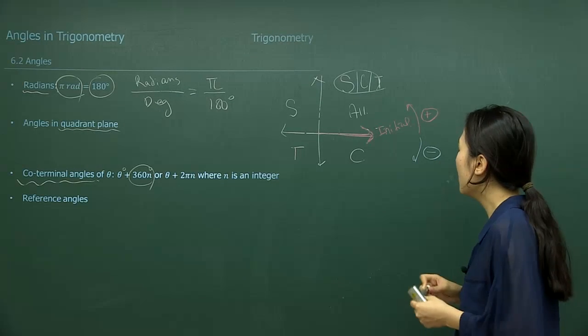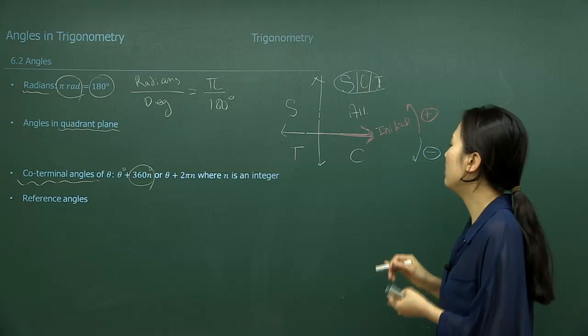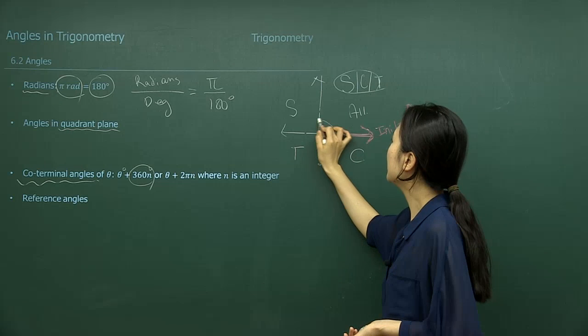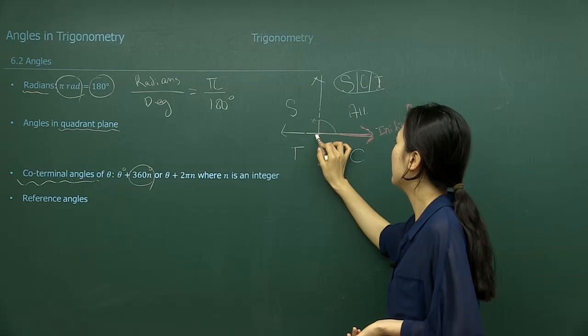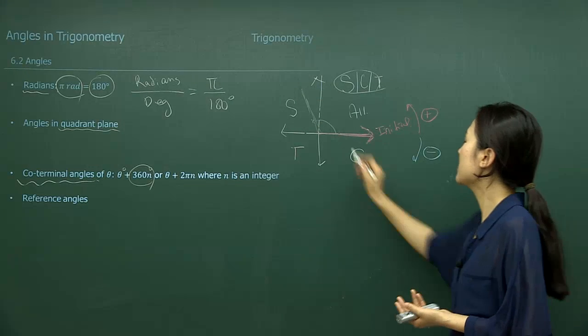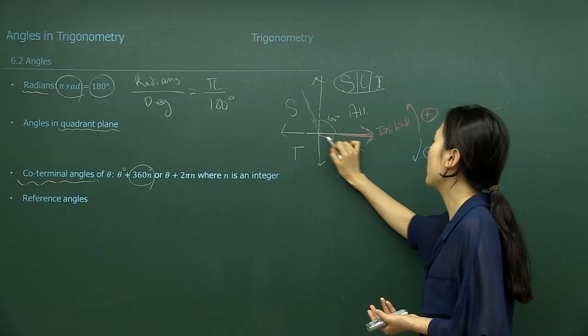So again, if you want to go 100 degrees and find out where that point is going to lie, all you have to do is go 100 degrees from here and stop. And so your point will be somewhere here. If you want to go negative 30 degrees, then you will be going the other way around for 30 degrees.